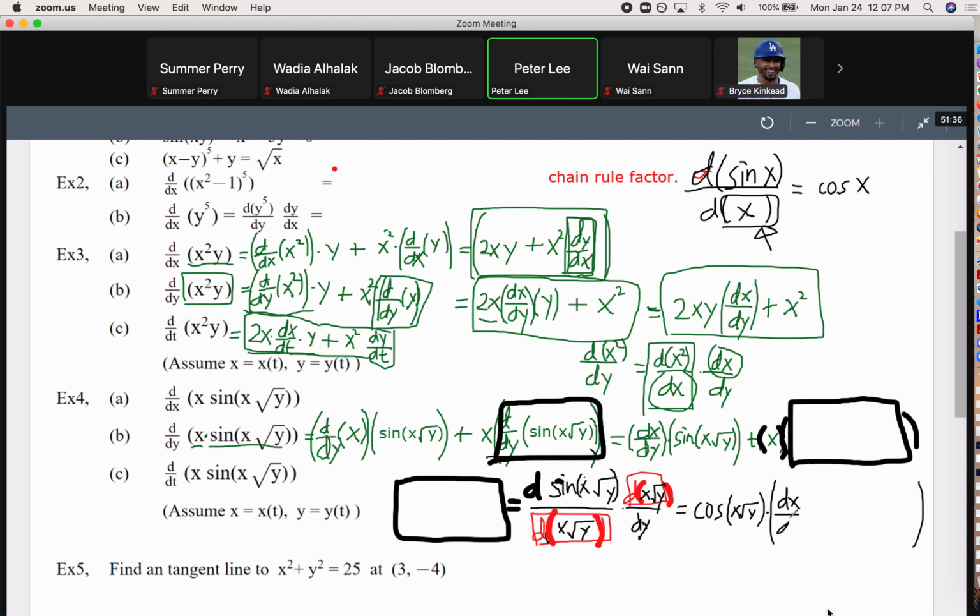F prime g plus f g prime. Now the derivative of square root of y with respect to y will be 1 over 2 square root of y.